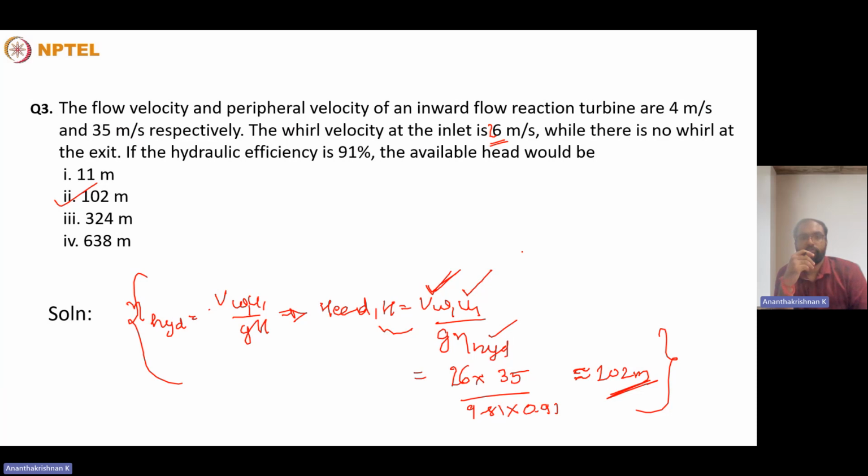For instance, if the peripheral velocity was unknown, we could have calculated that from the flow velocity term and the whirl velocity term at the inlet, and one particular value of the blade angle should also be present.